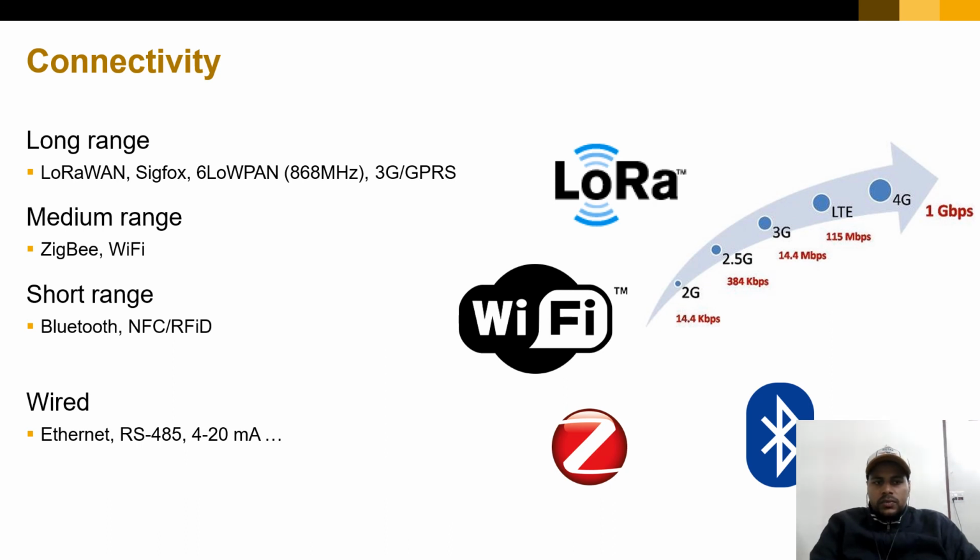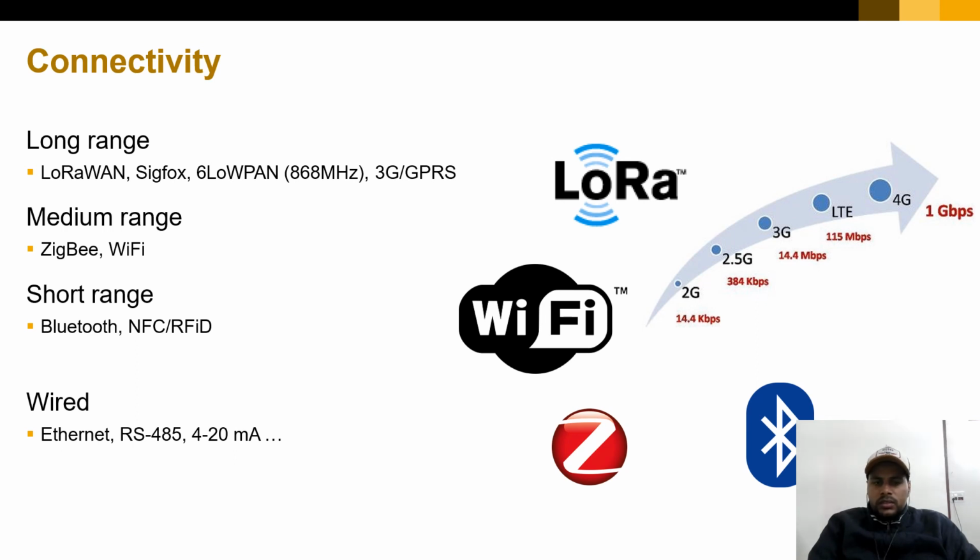The second one is medium range, when the distance between devices is not that long. Examples are Zigbee and Wi-Fi. The next one is short range, when the distance is very short and we do not have to go for medium or long range.